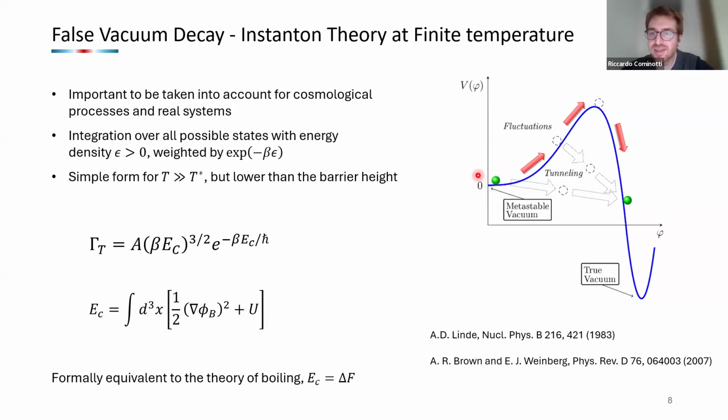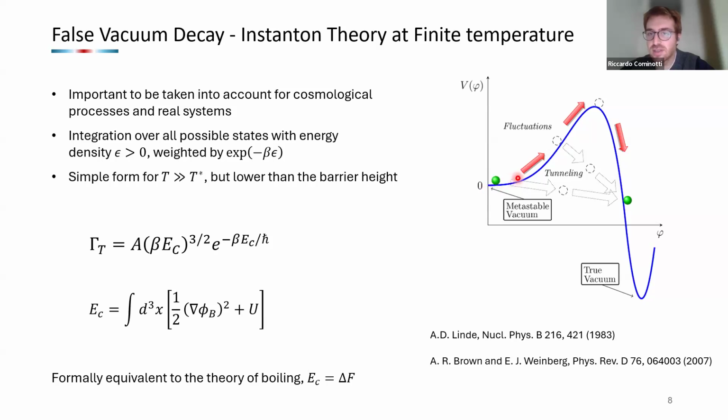Actually, we can have several, let's say, kinds of processes. For temperature which is very low, we can completely neglect the role of temperature, and we are left with the zero temperature case.